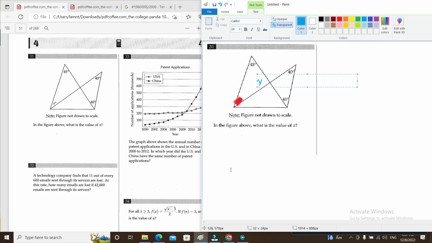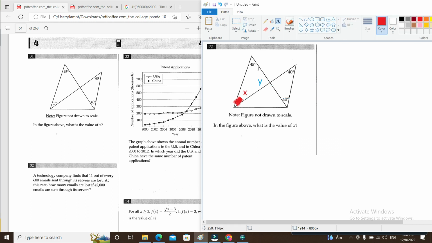Okay, so we know that x and y lie in the same triangle, right? Therefore, you can see it's going to lie in the same triangle as the 45-degree angle.